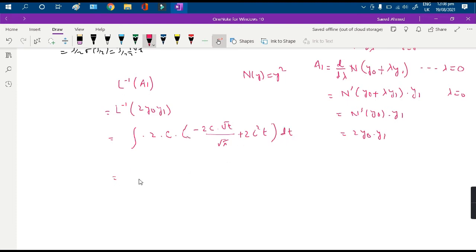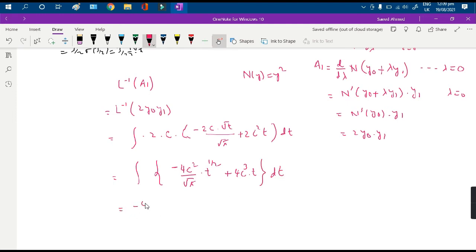Okay, this becomes the integral of 2c, and then 2c, so it has minus 4c square over square root of pi into t to the power 1 by 2. This is for the first term, and for the second term we have 2 times 2, 4c cube into t with respect to t.